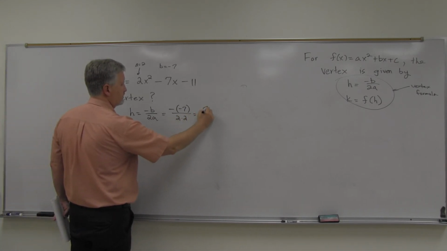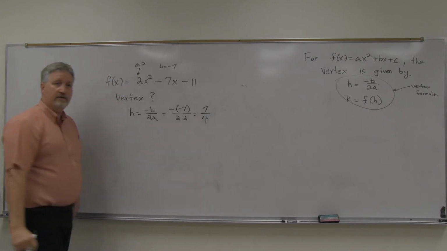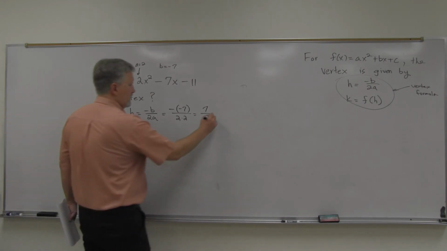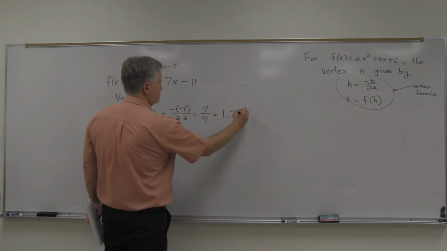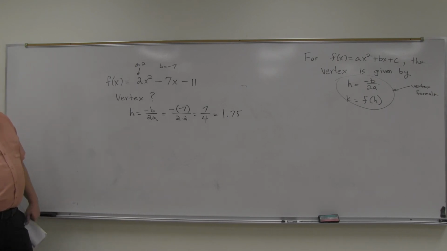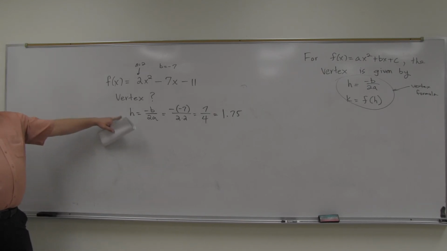It's going to be positive 7 over 4. Let's go ahead and change that to a decimal. That would be 1.75. We just need an approximation, but let's just leave it 1.75. So that's the h of the vertex.